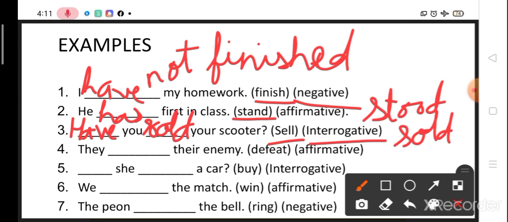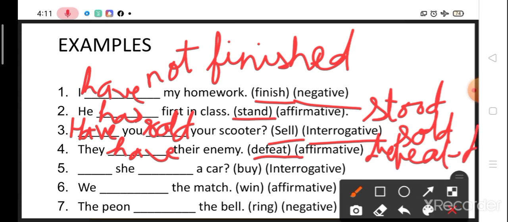Next sentence, they again have, and then past participle of defeat is defeated. They have defeated their army.